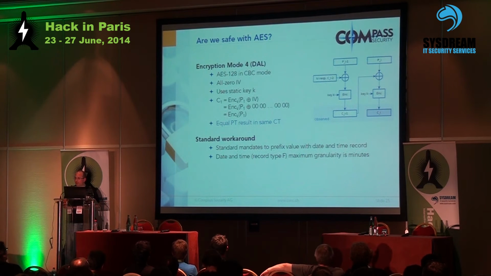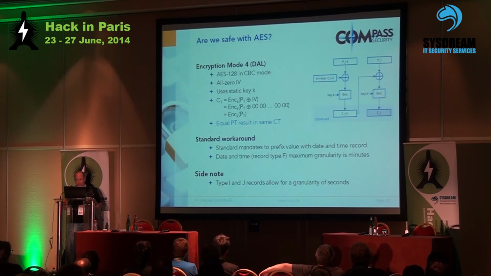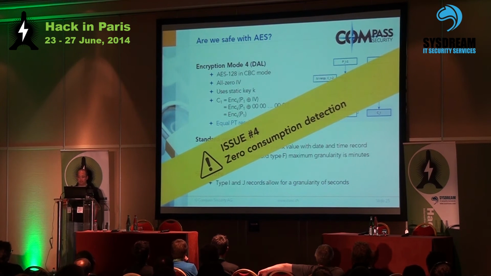Then I thought, okay, let's give mode 5 a try. What they're doing there is they still use AES in CBC mode, but they're not using an all-zero IV. So to analyze it, we basically must have a look at the IV construction now.